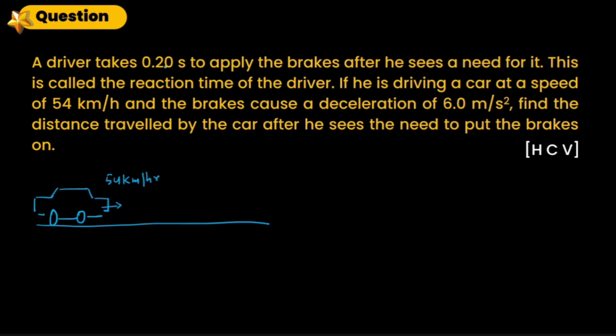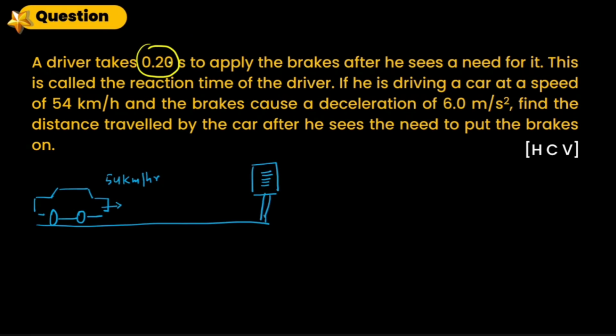His reaction time is 0.2 seconds. So he sees that there is something, and he applies the brakes. But in order to see and observe why he actually needs to apply the brake, he will continue to travel at 54 kilometers per hour, and that is what the reaction time means.